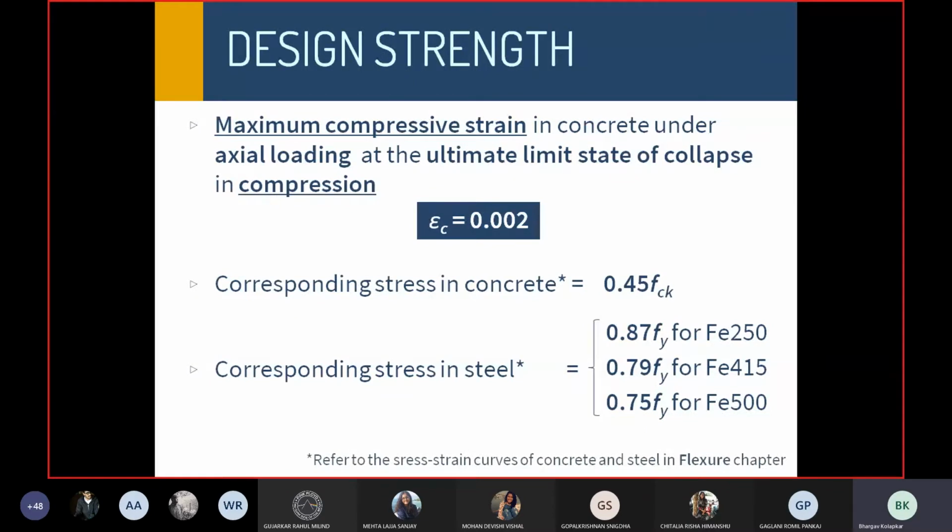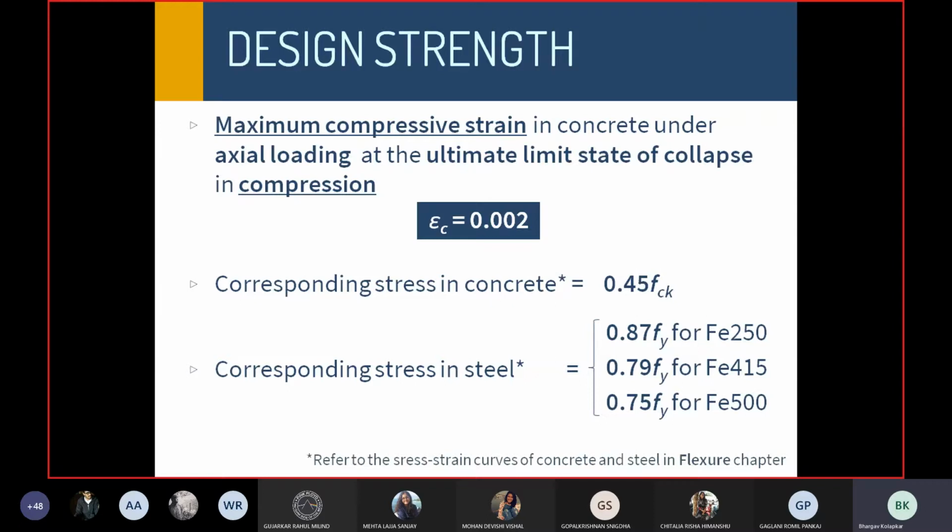We said that if the maximum compressive strain reaches the value of 0.0035, the beam has achieved its ultimate limit state of flexure, or the beam has failed. Similarly, we have a maximum strain criteria for columns under axial compression. If the column attains a strain of 0.002, we say that the column has reached its ultimate state of collapse in compression.